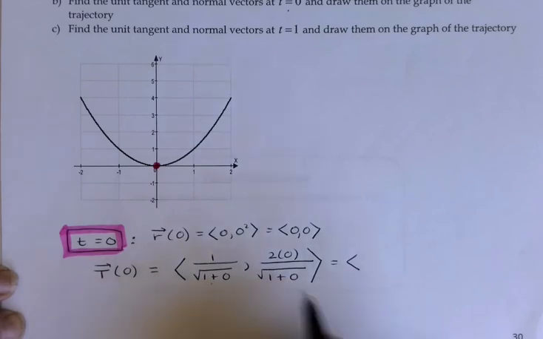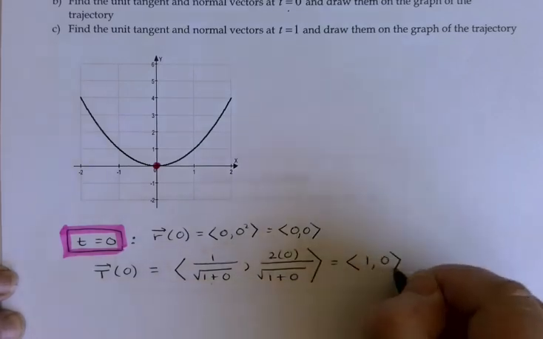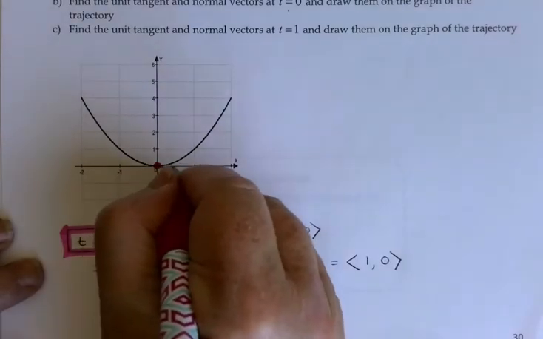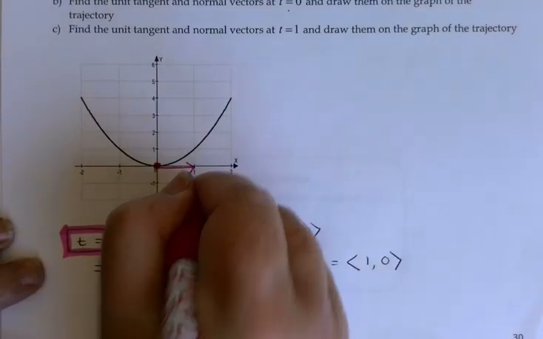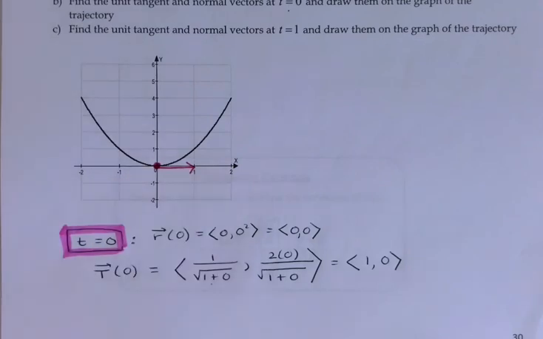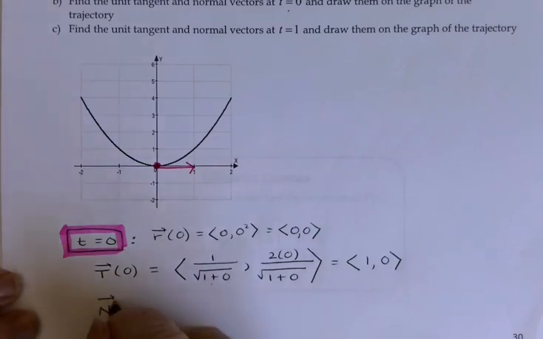And that's just 1, 0. So the unit tangent vector is the vector 1, 0. That should not surprise you at all, because of course it's supposed to be tangent to the graph and of length 1. So far at least we're seeing that what we think should happen happens.